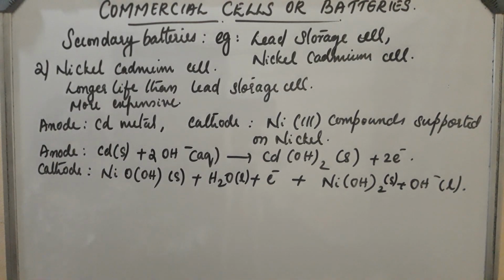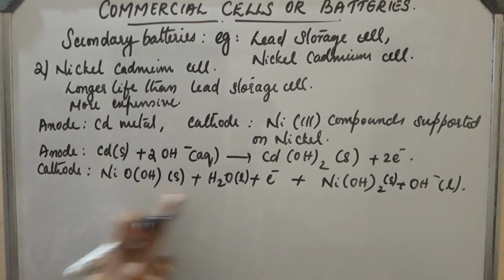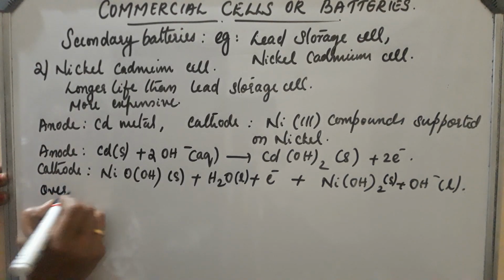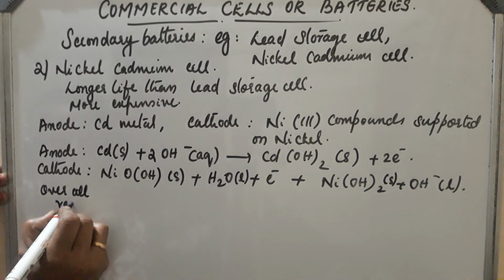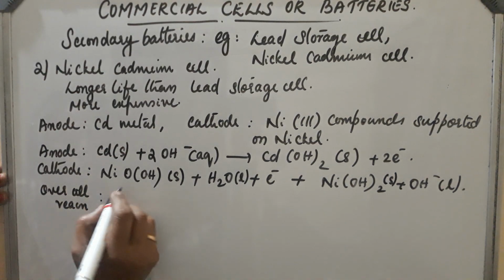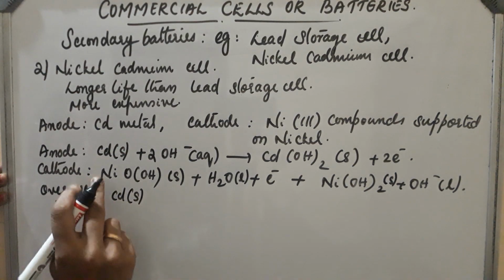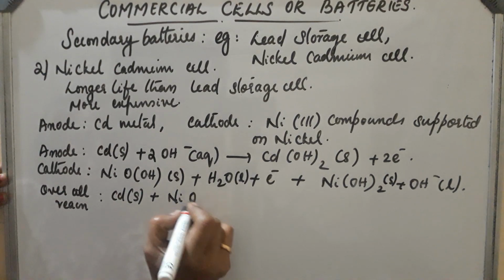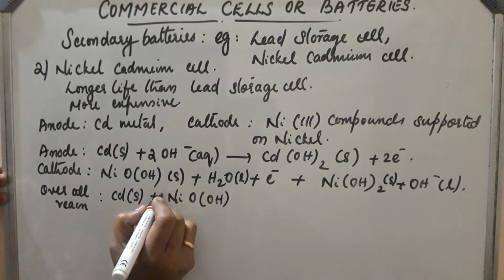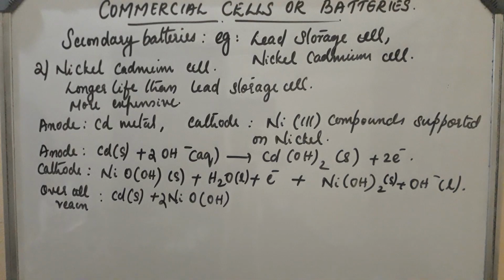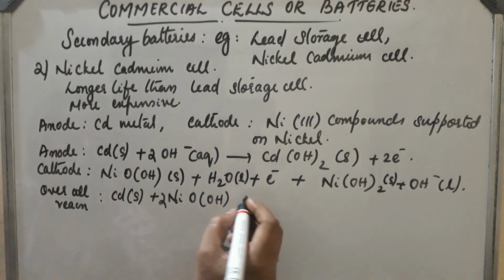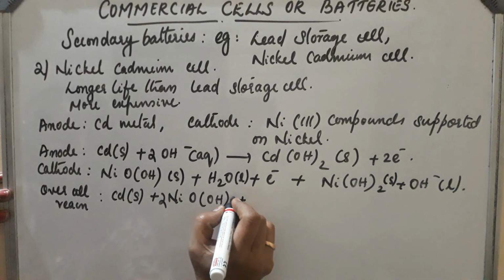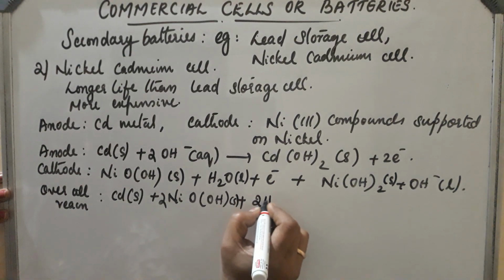So, what will be the overall reaction? We have to multiply the cathode reaction by 2. So, overall reaction: cadmium is present, plus 2 NiOOH, because of multiplying by 2, plus 2H2O.